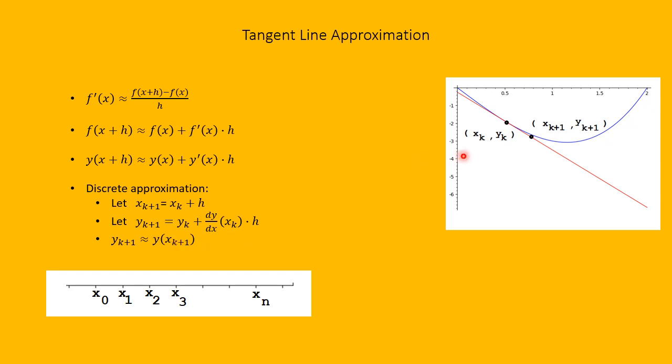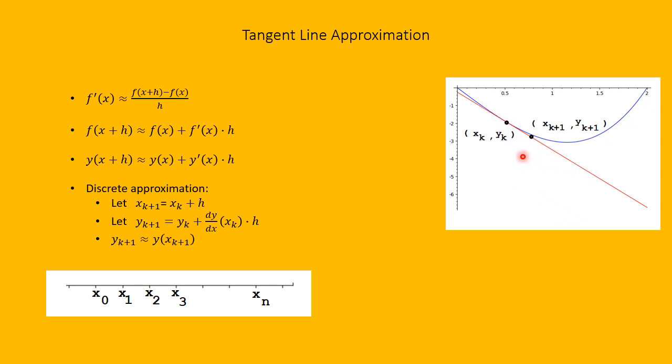A picture to indicate that is the following. Here's in blue, the function y equals f of x, and right here is the point x sub k, y sub k, and this is a point of tangency for this straight line down here.